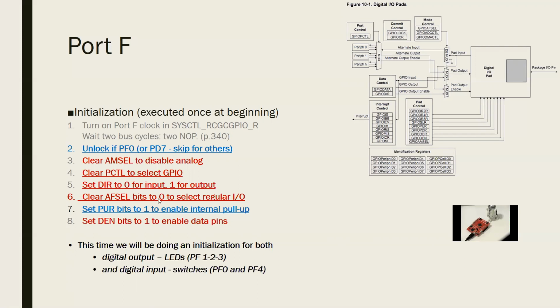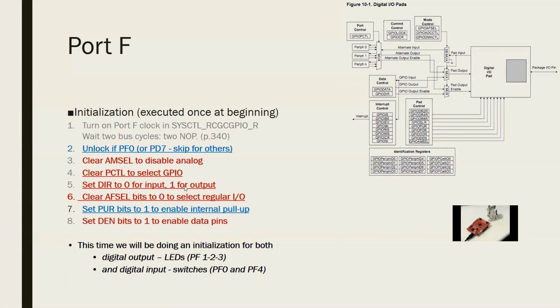And the red ones are the steps you had in the previous one, but because you are configuring not 3 bits but 5 bits in total, the values that we assign to the registers will change. So we had those steps, but we will modify them.